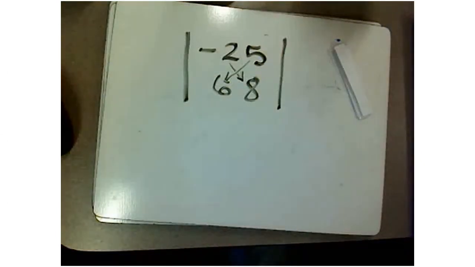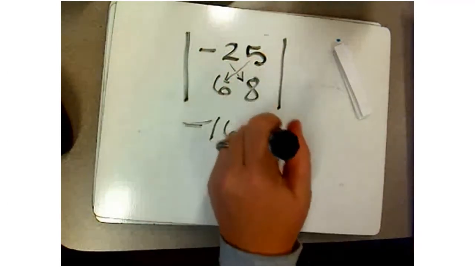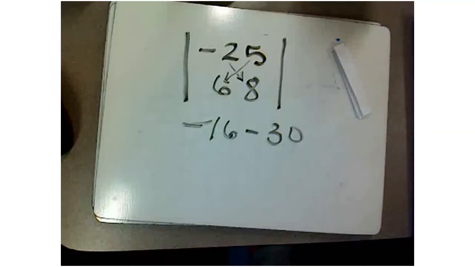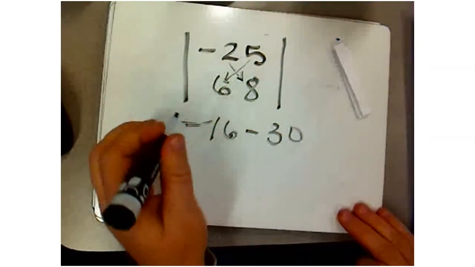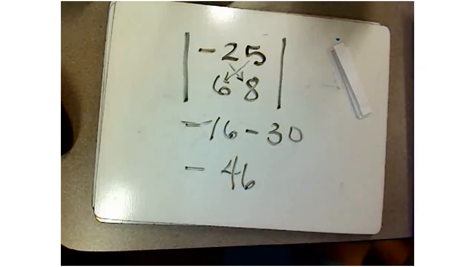You're doing your -2 times 8, a diagonal. That's -16. And then 5 times 6 is 30. And what are you doing with those two numbers? Subtract them. -16 minus 30. What is -16 minus 30? -46. So the determinant of this matrix is -46.